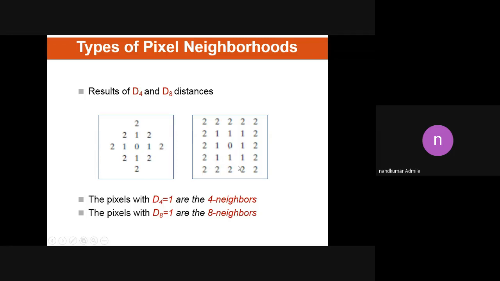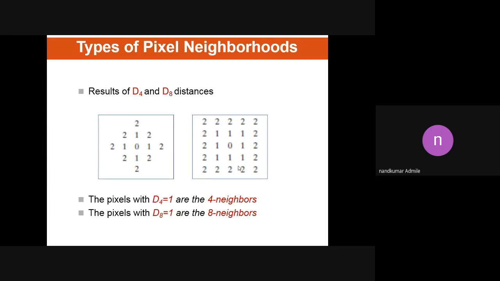Clear? What is a 4 neighbor and what is an 8 neighbor? Keep in mind this concept. We have some numericals that we have to solve. So the concept of 4 neighbor and 8 neighbor is clear. The first square represents the 4 neighbor and the second figure represents the 8 neighbor.